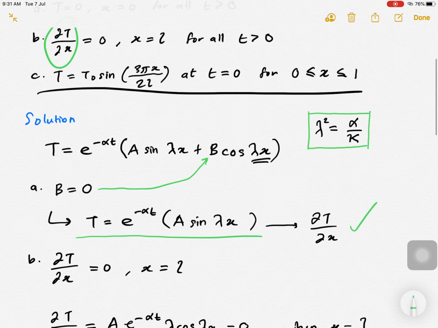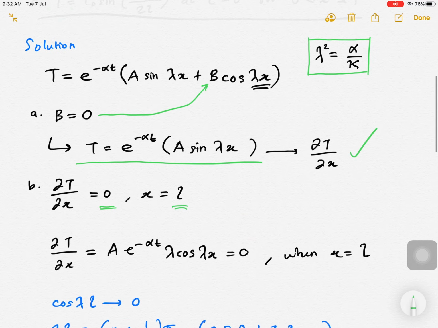First of all we need to know the second boundary condition: when x is equal to L, the temperature gradient is equal to 0. So first we differentiate it and we get this one. Okay, and then we substitute x with L.